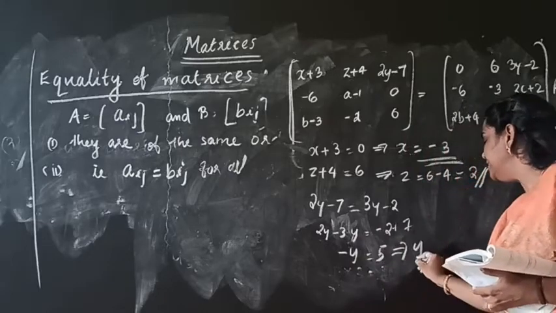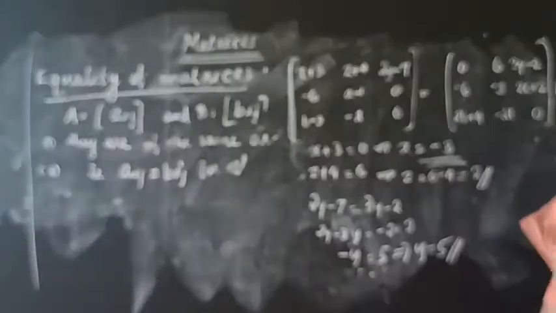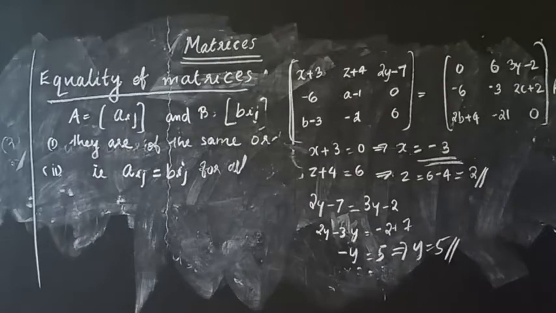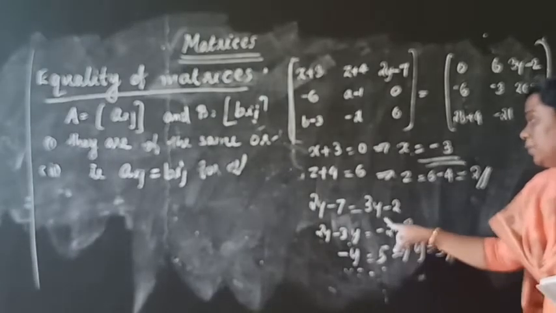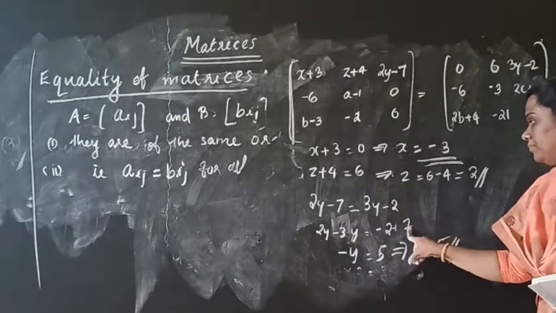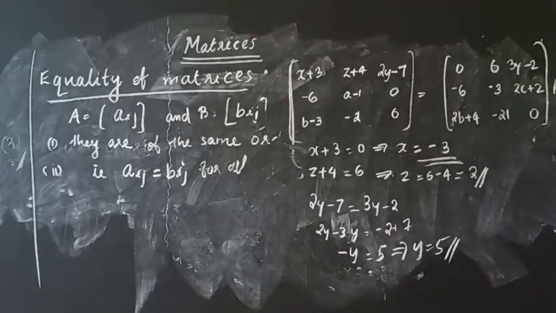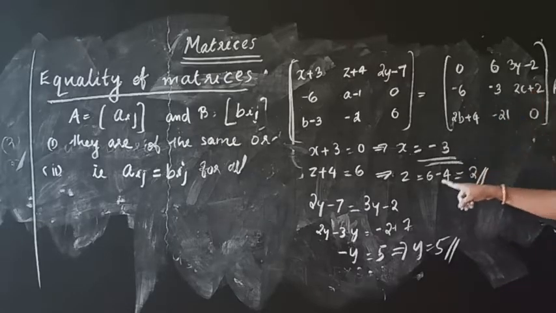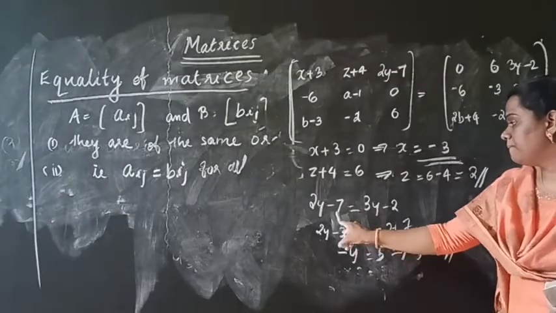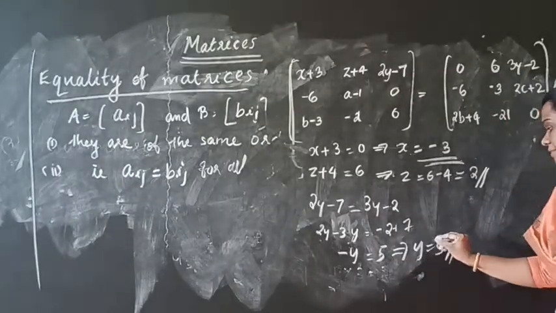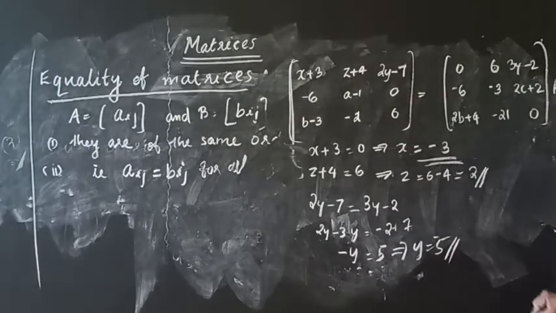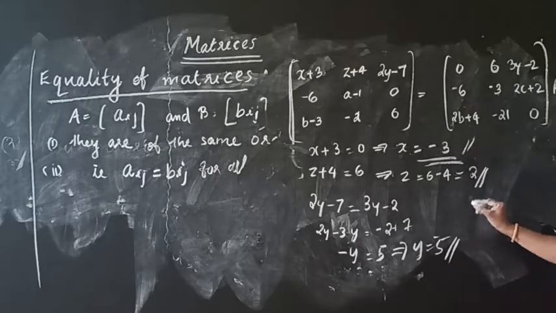Did you get y is equal to 5? Y is equal to 5 or minus 5? Minus y is equal to 5, that means y is equal to minus 5. We got x, y and z.